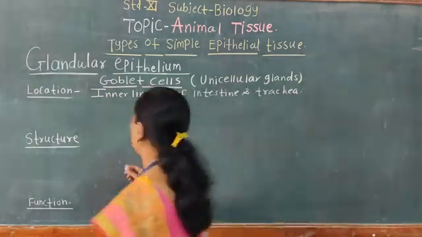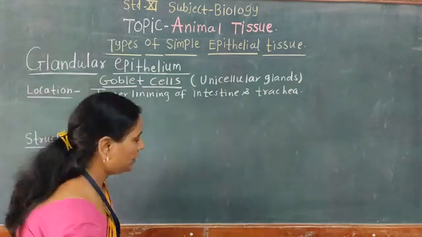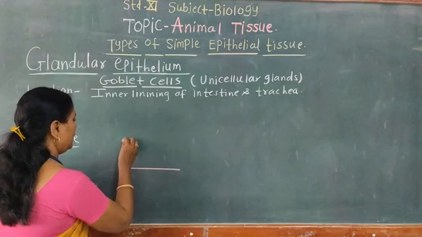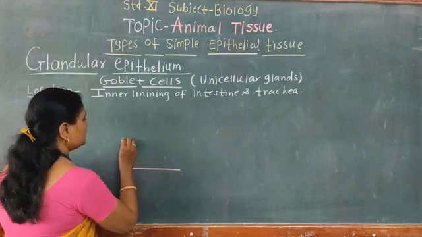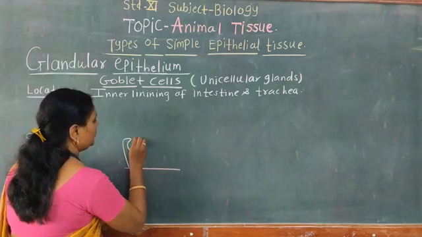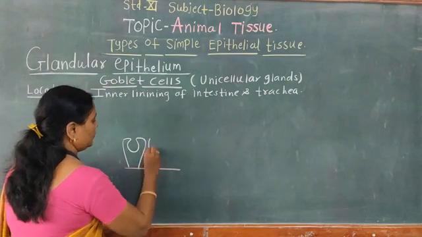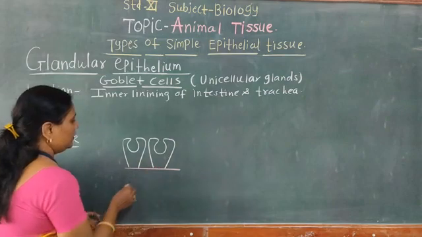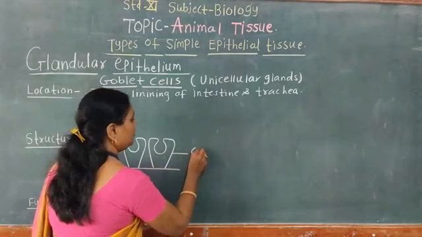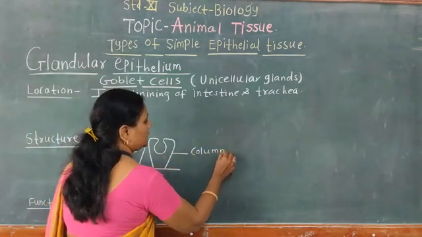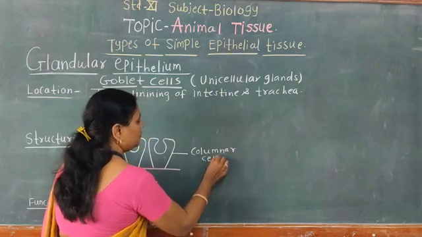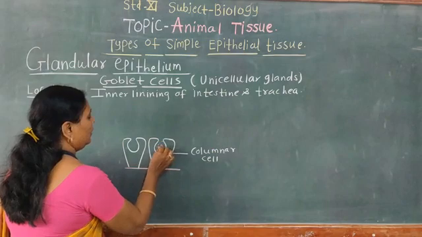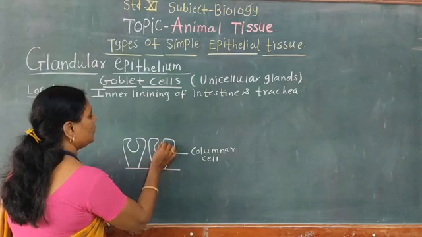Now we will study the structure of these glands. In the structure, they are modified cells. They mainly show the columnar type of cells, and inside they show goblet shape. So each single cell is called a gland. This is the columnar cell, and inside it shows the goblet shape, which mainly secretes the mucus.